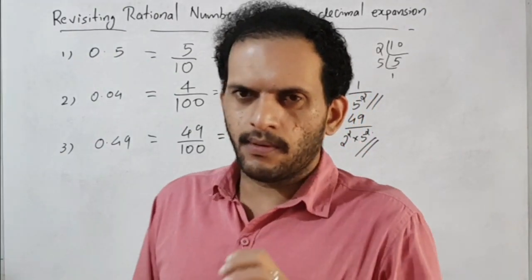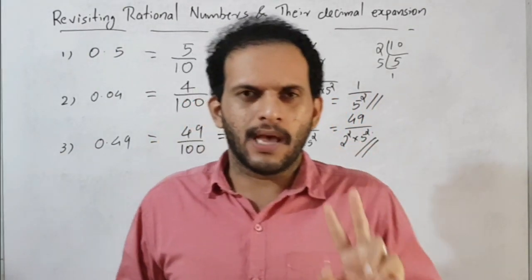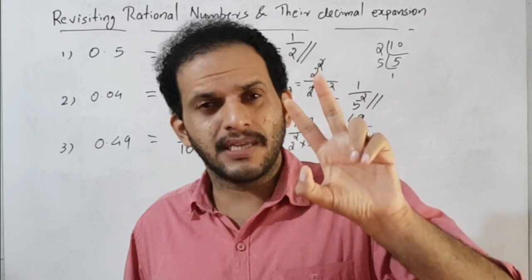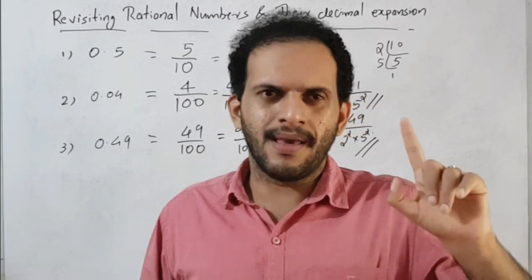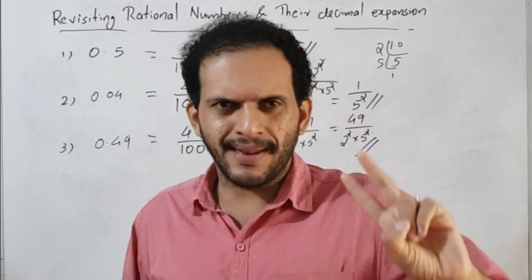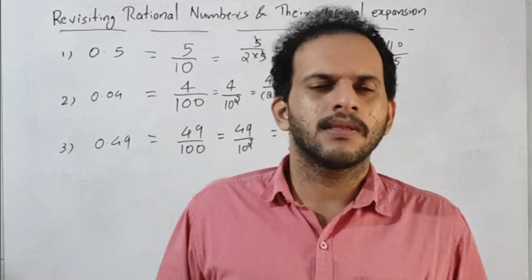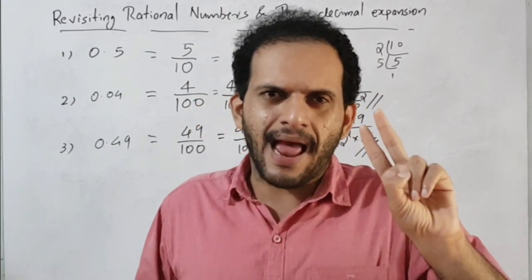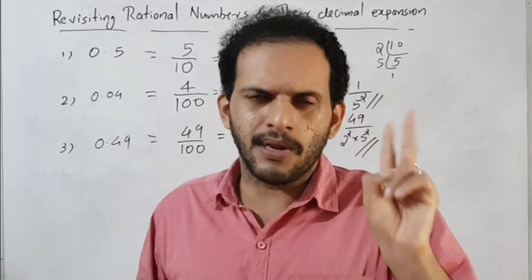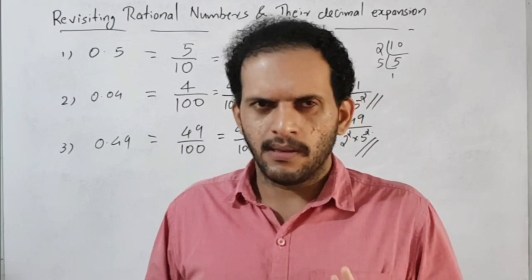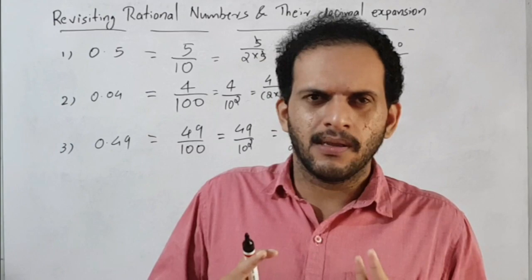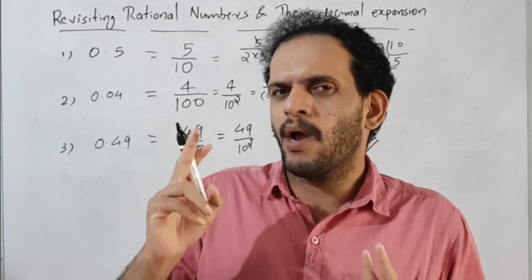Did you get it? We know that in the case of a rational number, we have two types of decimal expansion. One is terminating, second one is non-terminating recurring. Okay, then if the rational number has a terminating decimal expansion, how to identify?